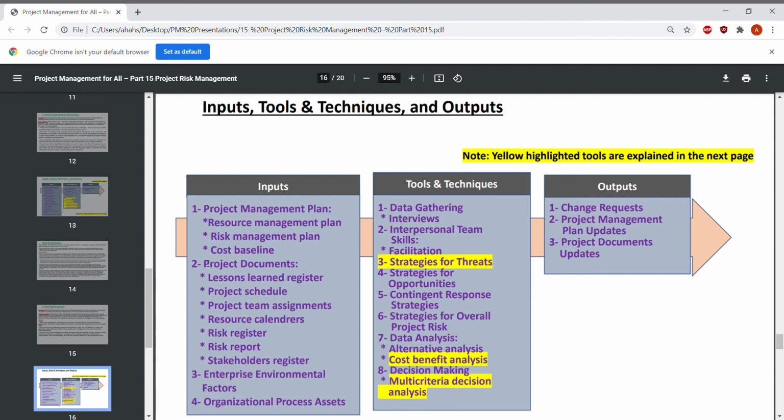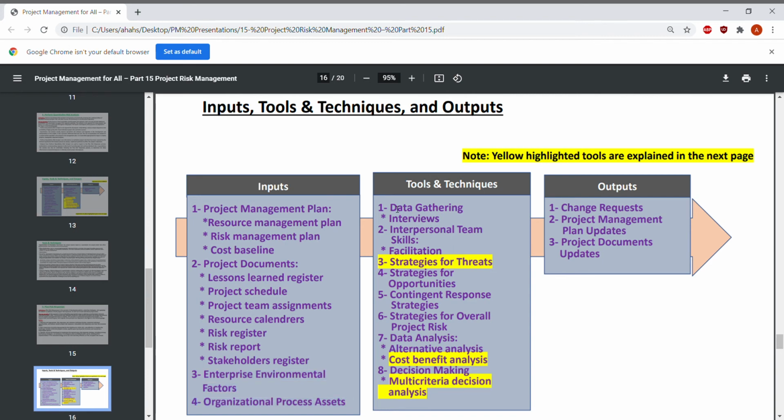The project documents which are needed here are the lessons learned, the project schedule, the project team assignments, the resource calendars, the risk register, the risk report, and the stakeholder register. The inputs also include the enterprise environmental factors and the organizational process assets.